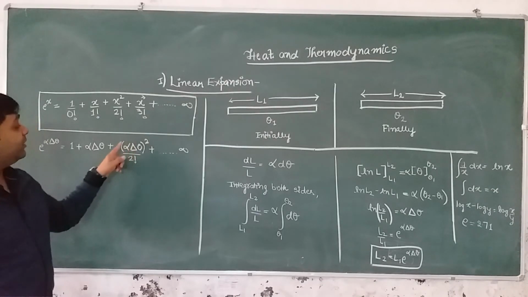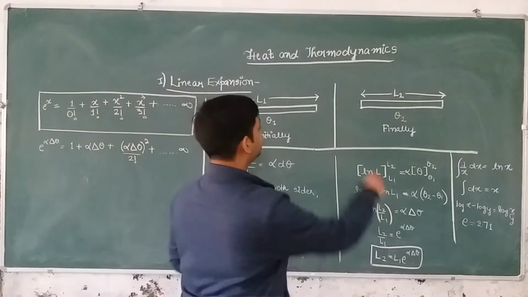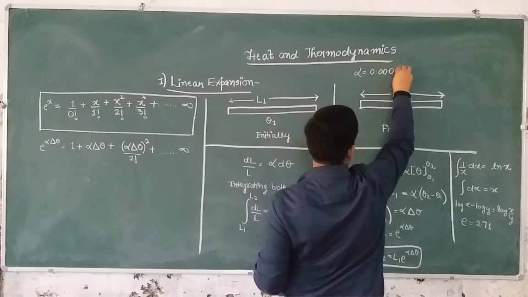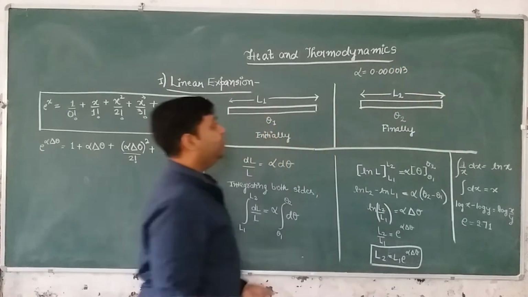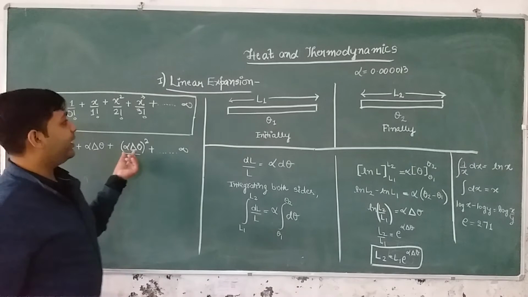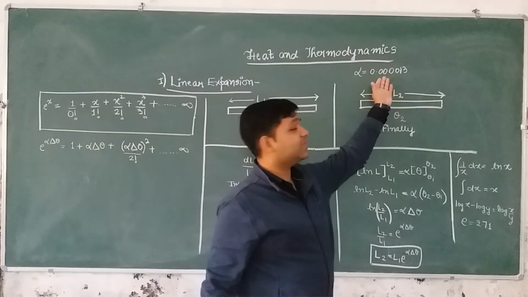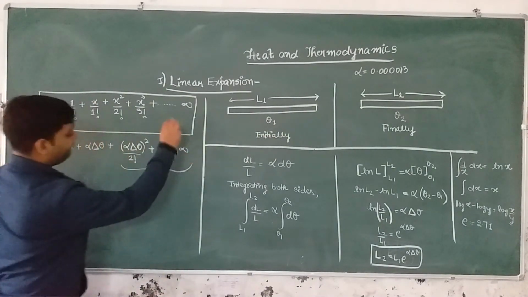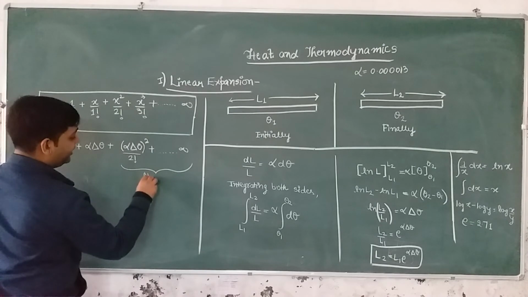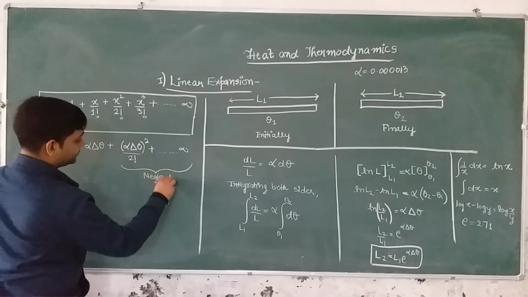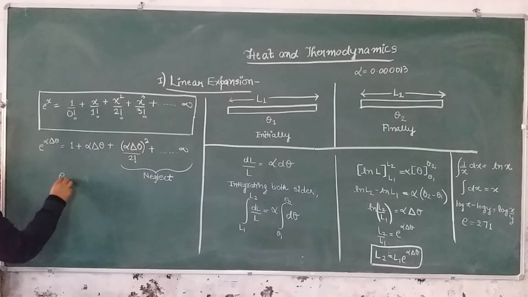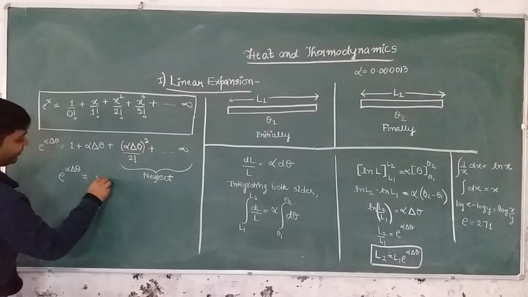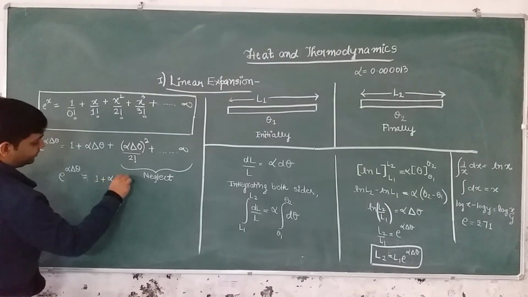For example, the value of alpha is 0.000013, and if you do the square, then instead of these 4 zeros after the decimal you will have 8 zeros. So these values become very small, so we neglect them. Right? So e to the power alpha delta theta is approximately equal to 1 plus alpha delta theta.